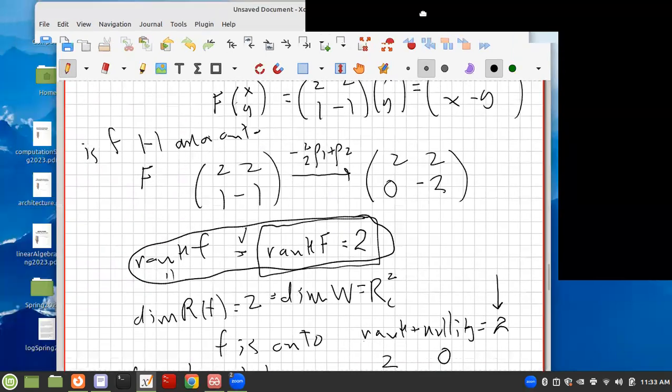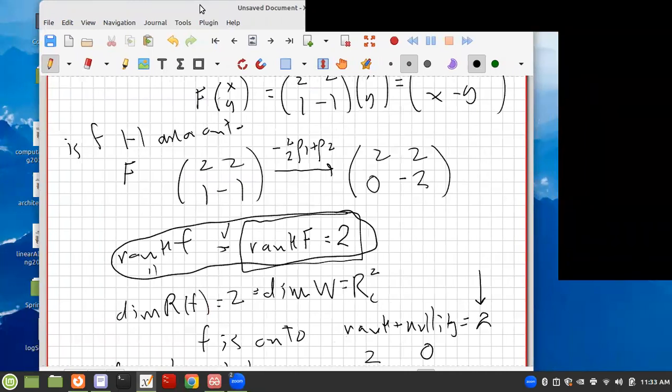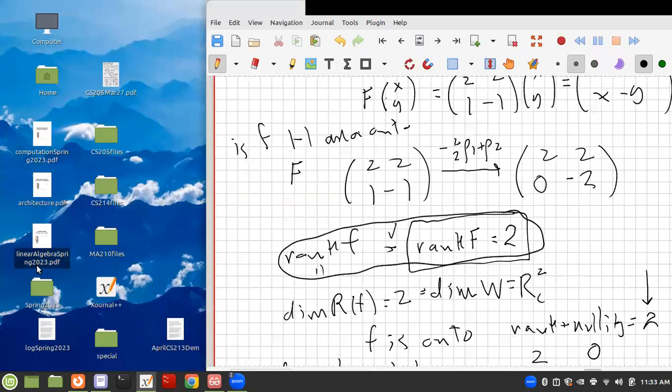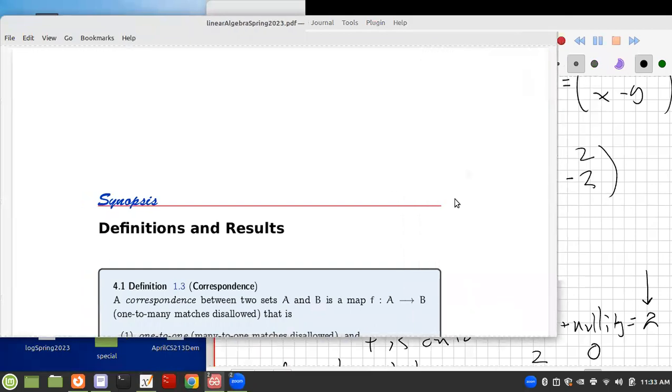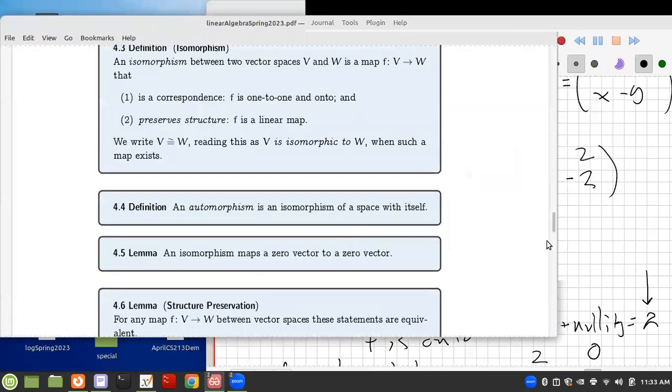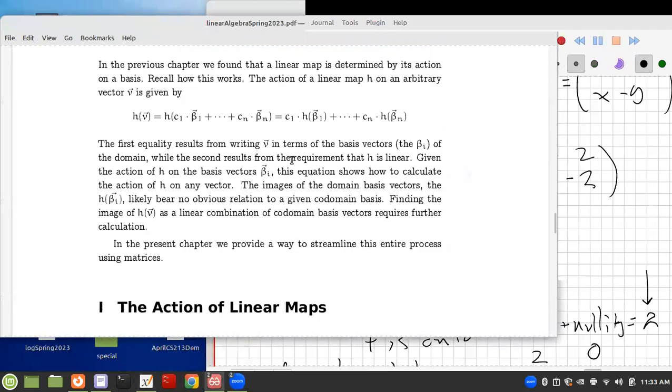Well, let's see. Let's look and see where we are in this maps and matrices chapter.